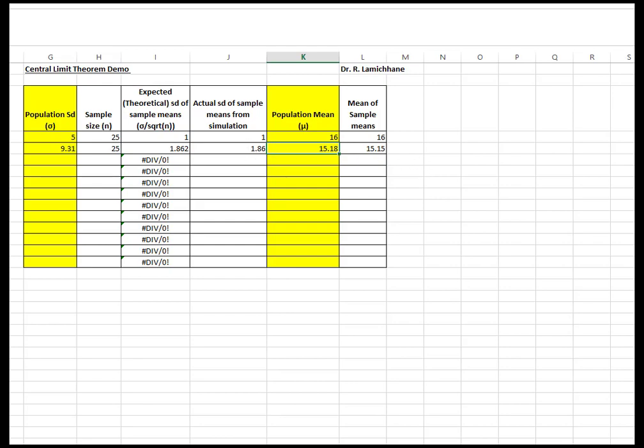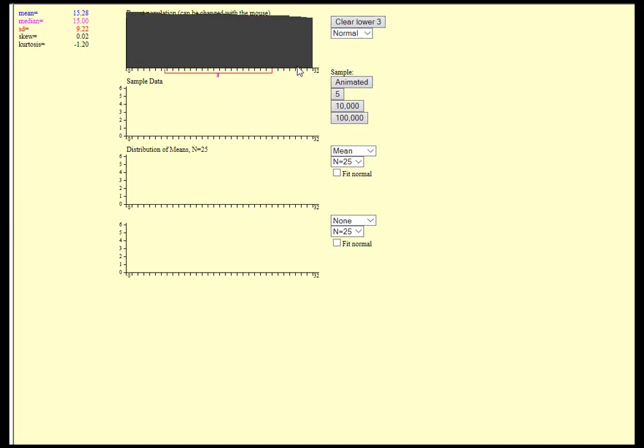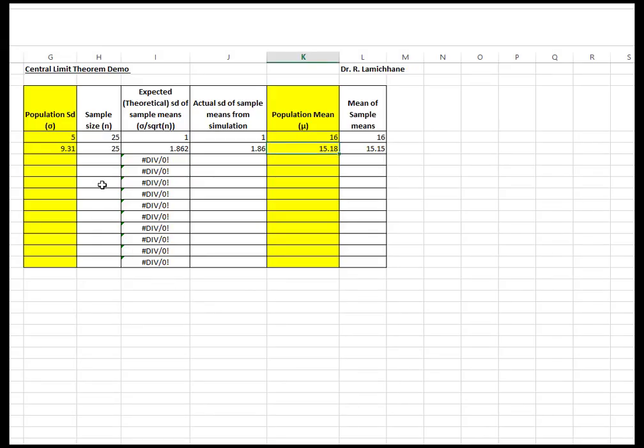Now let me go to one extreme example. Sometimes you may see that our data is kind of uniform, flat data. And even for this kind of worst data, this data has mean 15.28 and standard deviation 9.22. Let me just write that down.